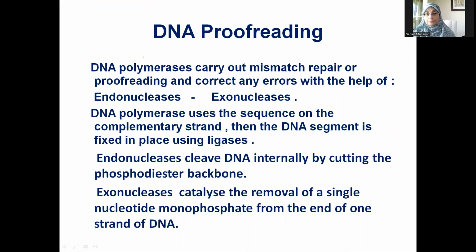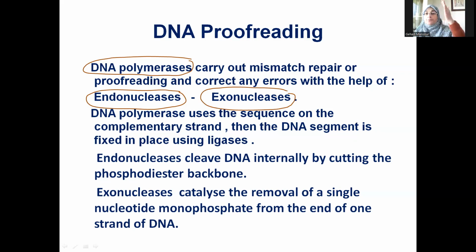It's not only DNA polymerase that carries out the repair, but we have 2 other groups of enzymes that are called endonucleases and exonucleases. Now, the endonucleases break in the phosphodiester backbone. They break in the backbone of the DNA molecule, not in the nitrogenous bases.